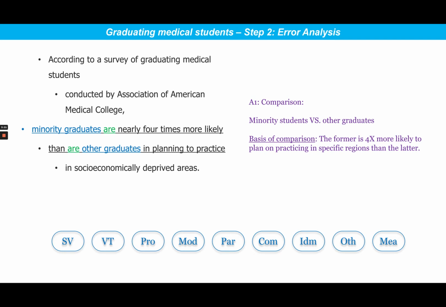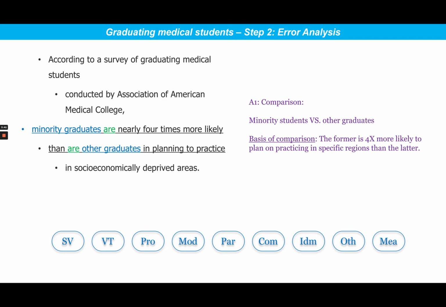Both the verbs agree in number with their subjects and they make sense with their subjects. So we do not have any subject-verb error here. Both the verbs are written in simple present tense to present general information, and this usage is absolutely fine. So no verb tense error as well.